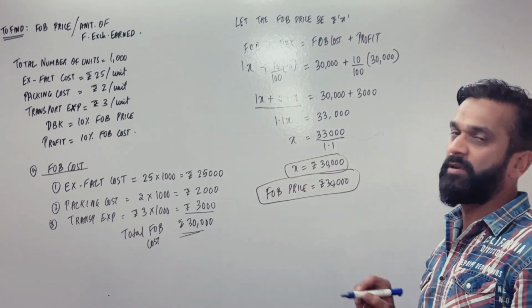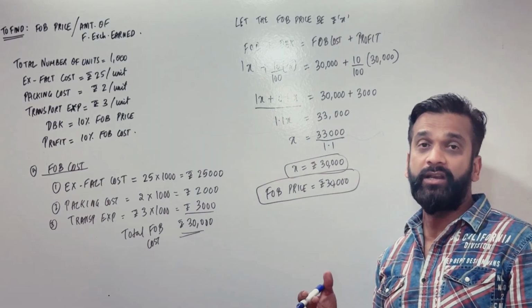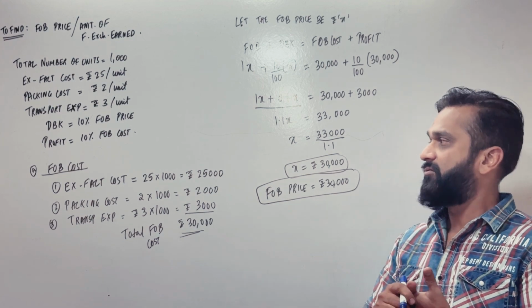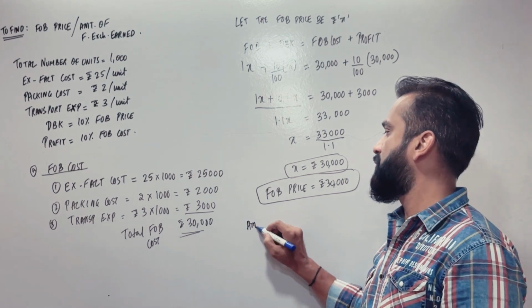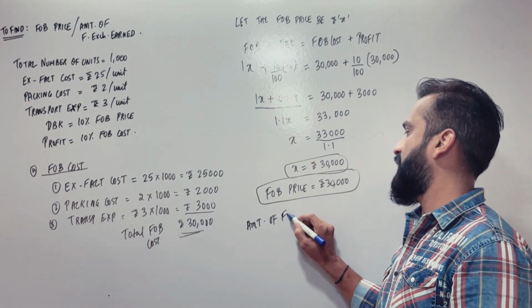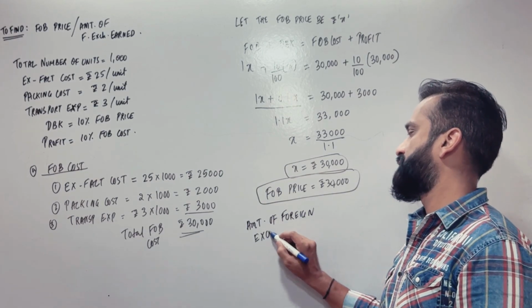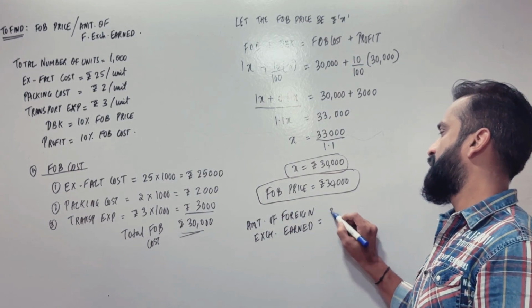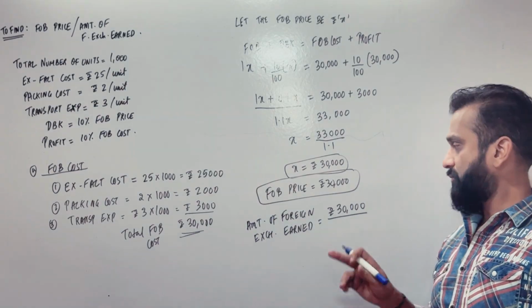After getting the FOB price, we are supposed to find out how much foreign exchange you are earning on this price. So what is the rate of foreign exchange given? We will check in the question and then we can write: amount of foreign exchange earned will become rupees 30,000 divided by the exchange rate.